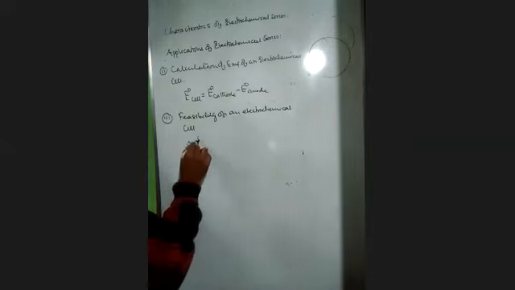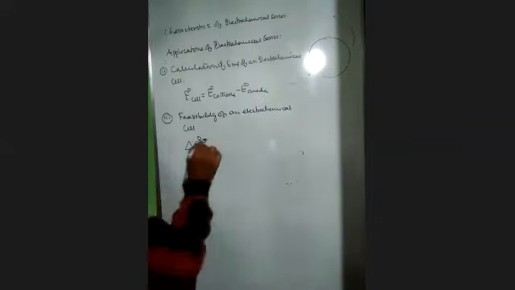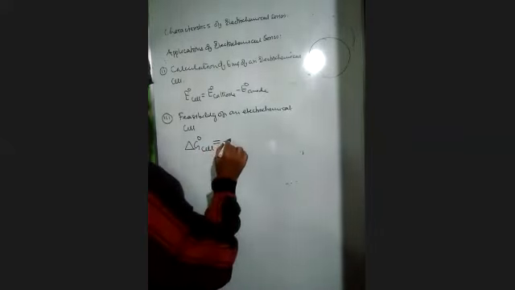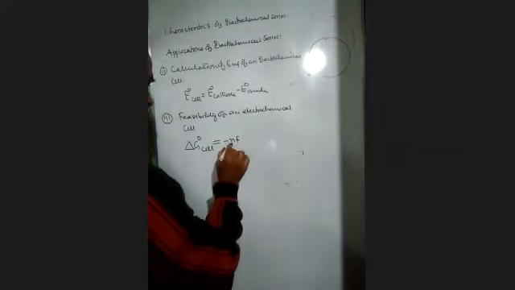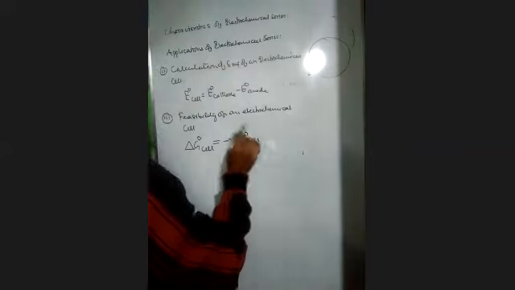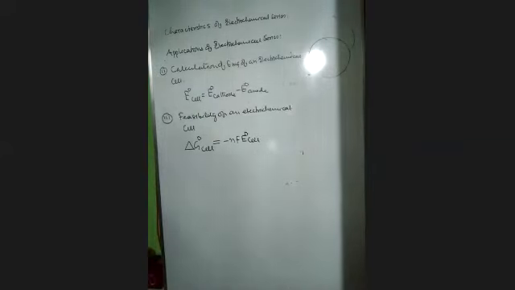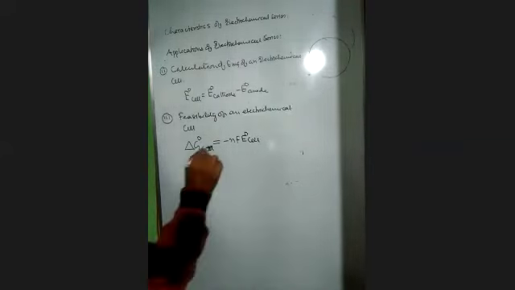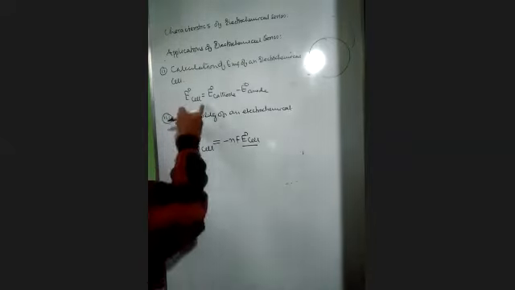So in that case, what can we do? I can calculate this, delta G0 equals minus nF E0 cell. We have already discussed this in class 11 also. See here, this is the value that you can get from the table.